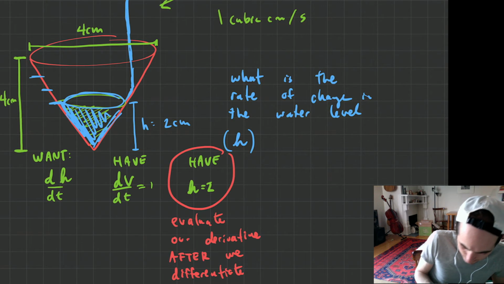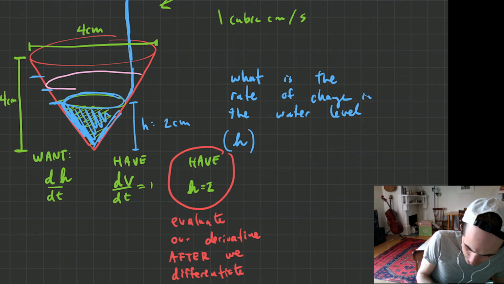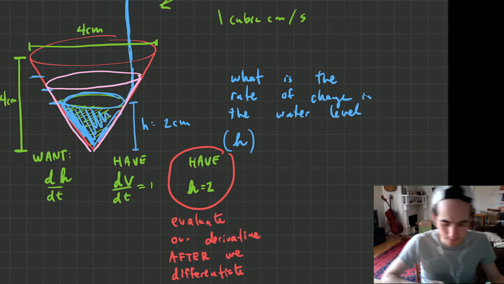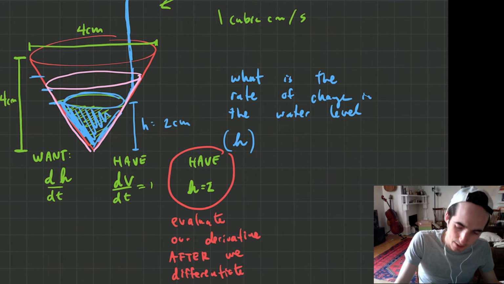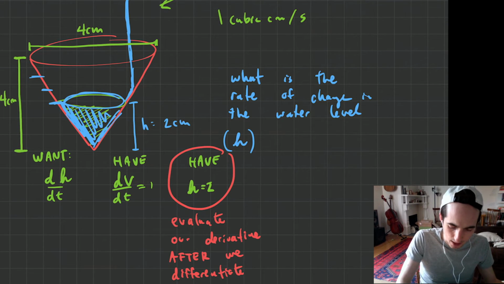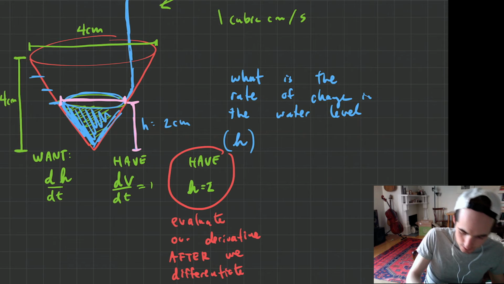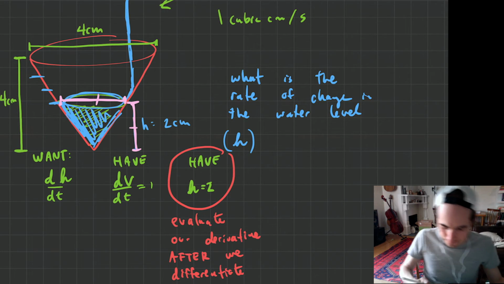Let's do purple. If I took any other section of this cone, then the height would be equal to its diameter. So at any point, the height of the water level, this h, is also going to be this h right over here. So these are the same.